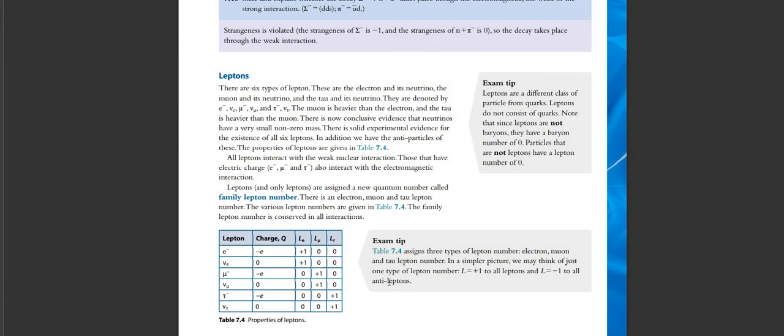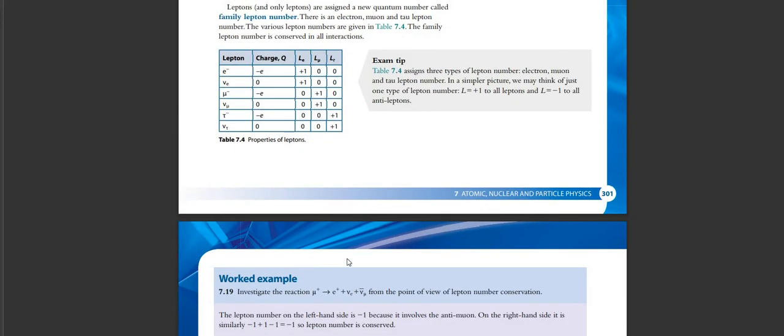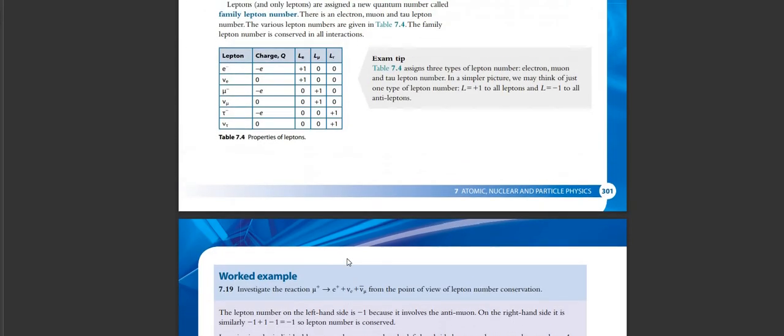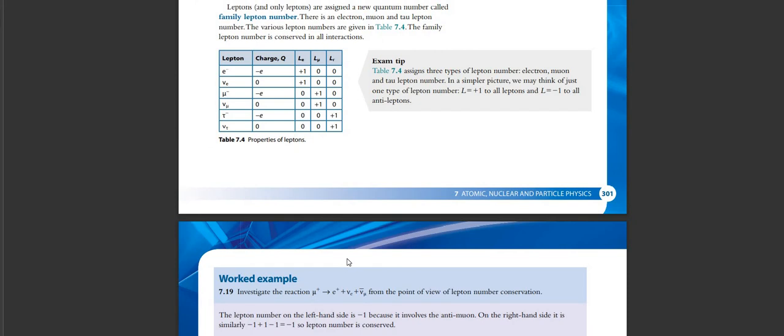And just like baryon numbers, lepton numbers must be conserved as well when you talk about things involving leptons. So essentially, all you're doing is your atomic reactions and chemical reactions again, except you're dealing with these new particles. You just need these numbers to be balanced. For the most part, as far as I can recall, all you'll have to do is complete reactions by adding in an electron or an up quark or something like that. Or you'll have to balance them just like you do in chemistry.